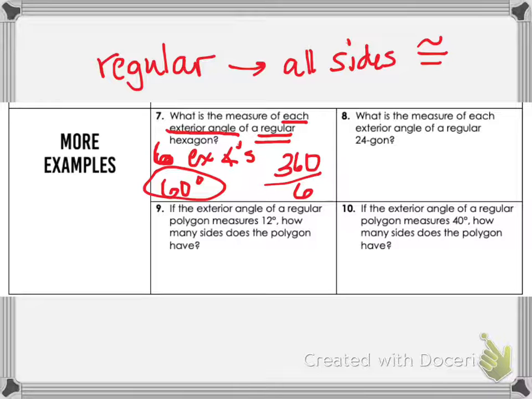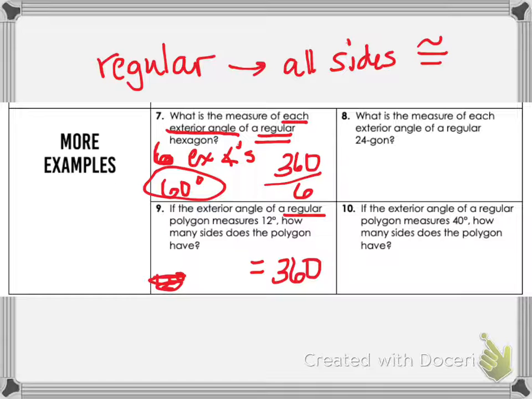If the exterior angle of a regular polygon is 12 degrees, how many sides does the polygon have? Well, we know the sum of the exterior angles is 360 degrees. And we know that each one of those angles is 12.